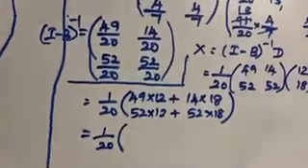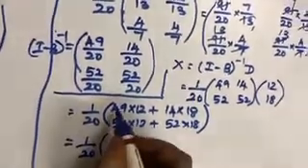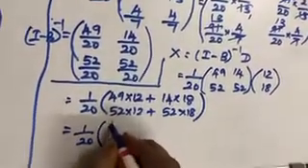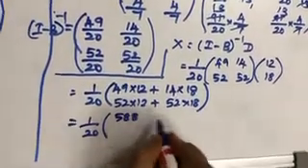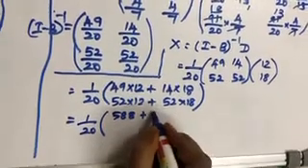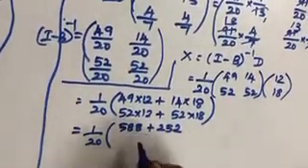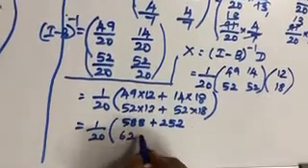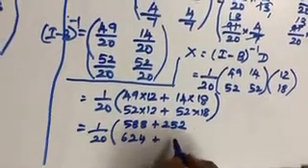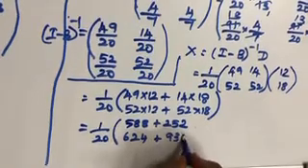While multiplying, 49 into 12 you get 588 plus 252. Similarly, 624 plus 936.